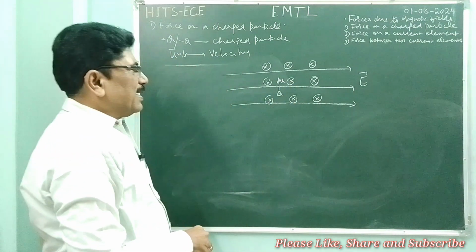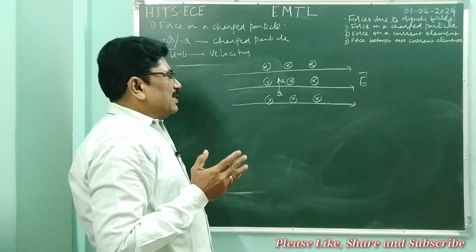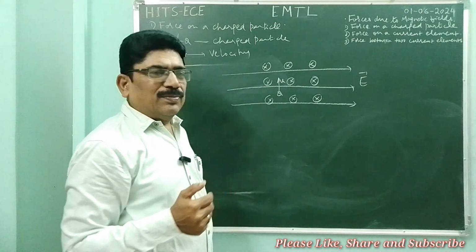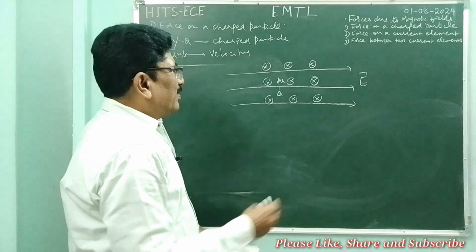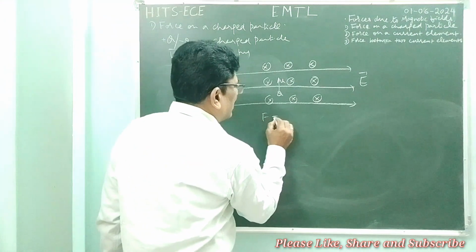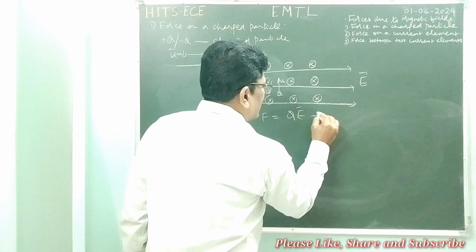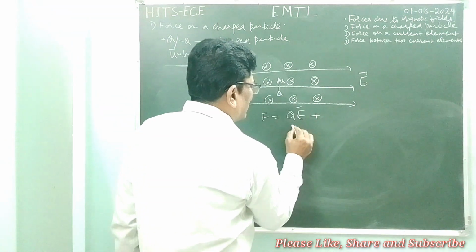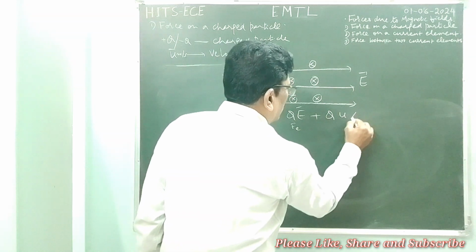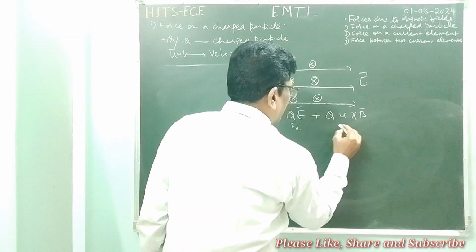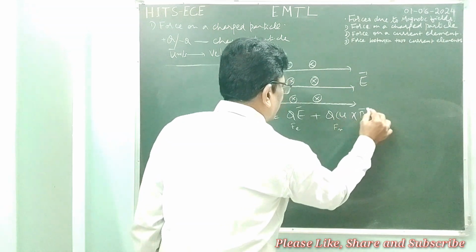Now let us apply the right hand palm rule and find out the direction of the force exerted on this Q by the magnetic field as well as the electric field. The total force is equal to Fe, due to electric field, Q into E, plus due to magnetic field, Q into u cross B. This is the total force on the charge.